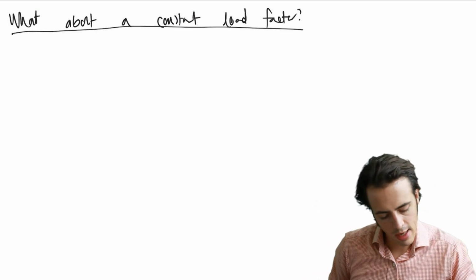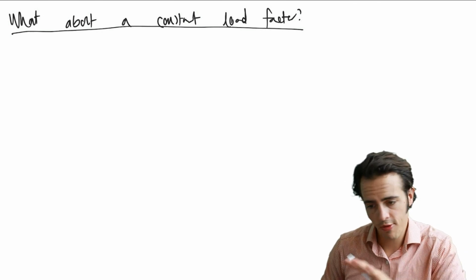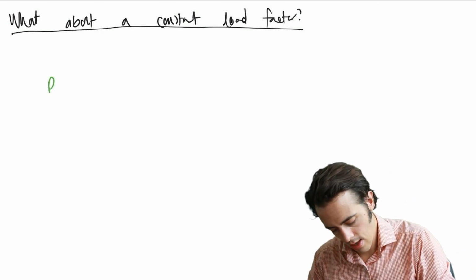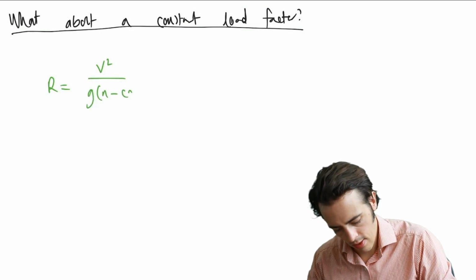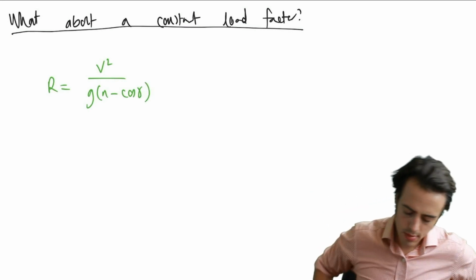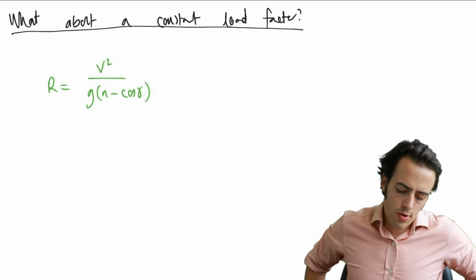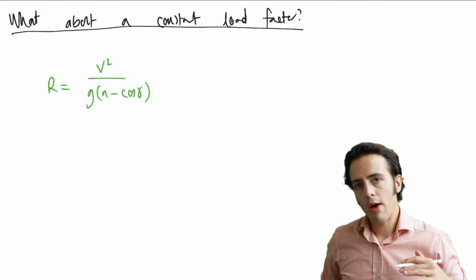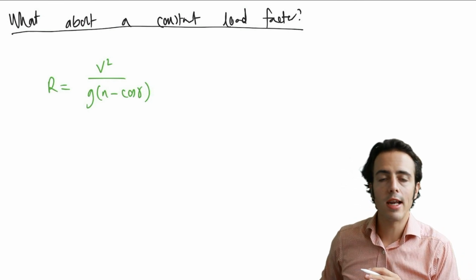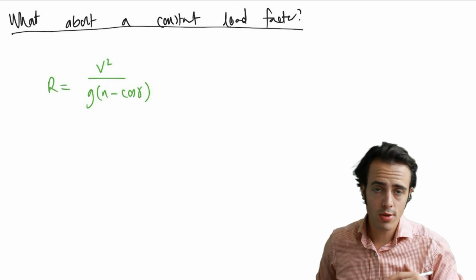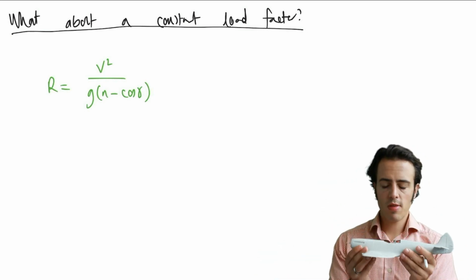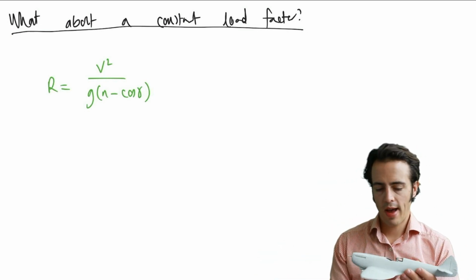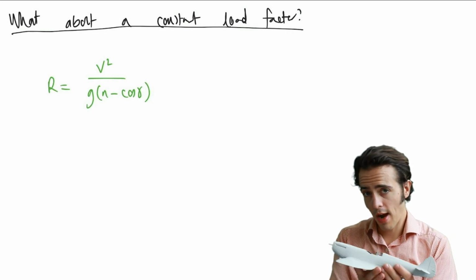So we can bring back the expression for the radius as a function of the load factor. R is equal to v squared divided by g times n minus cosine gamma. If we now allow the lift to increase beyond the loop entry, so at the bottom of the loop we're at the manoeuvre speed and producing the maximum load factor, that defines the starting radius.